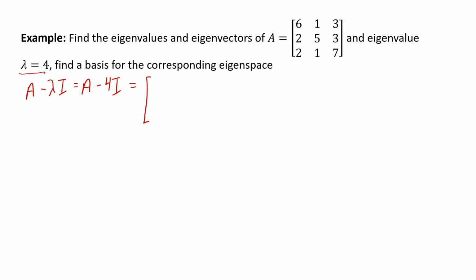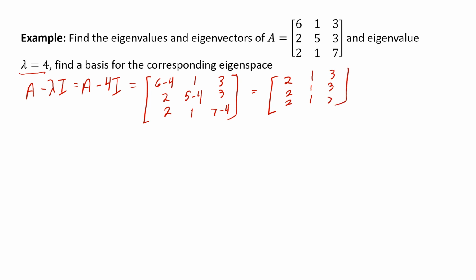What does this give us? This gives 6 minus 4 for there. It gives 5 minus 4 for there. And it gives 7 minus 4 for the last one on the diagonal. So it's equal to 2, 2, 2, 1, 1, 1, 3, 3, 3.